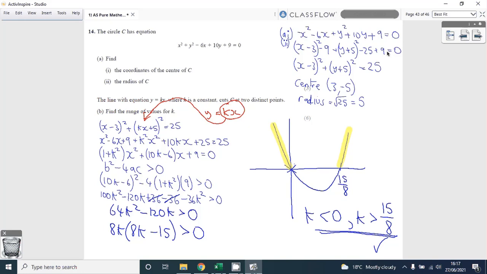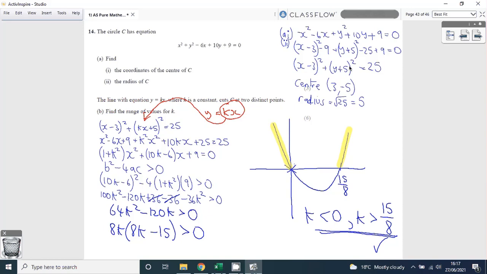Then gather up your minus 9, your minus 25 and plus 9 and take it to the right hand side. We get it in this format. So the center of our circle is (3, minus 5), and the radius is the square root of the right hand side, which is 5. So we've got our equation of a circle ready for part B: (x minus 3) all squared plus (y plus 5) all squared equals 25.